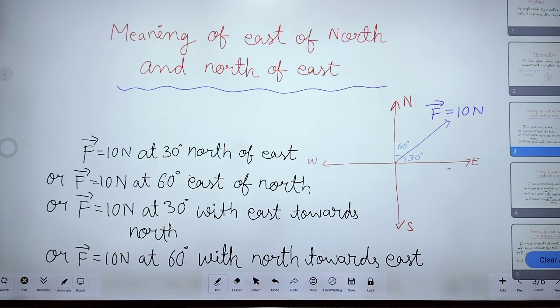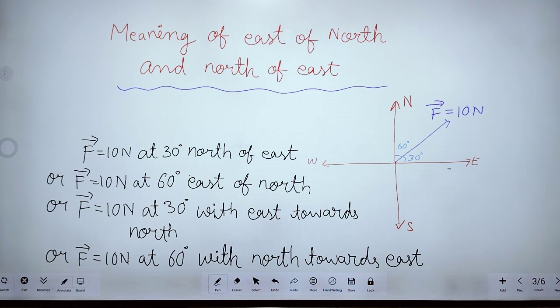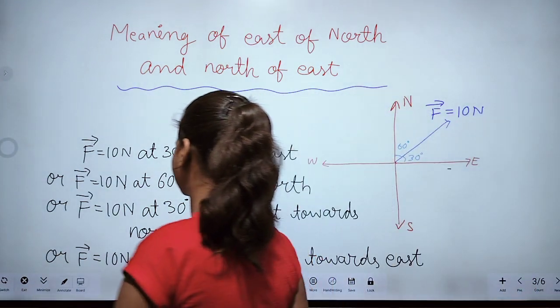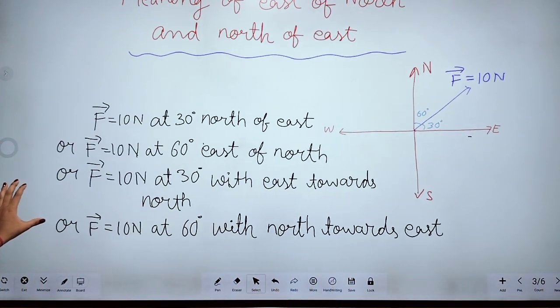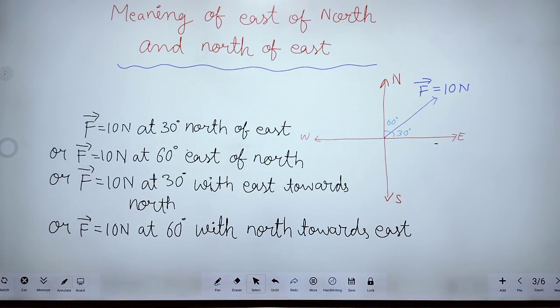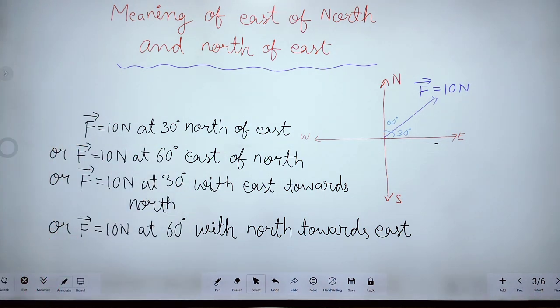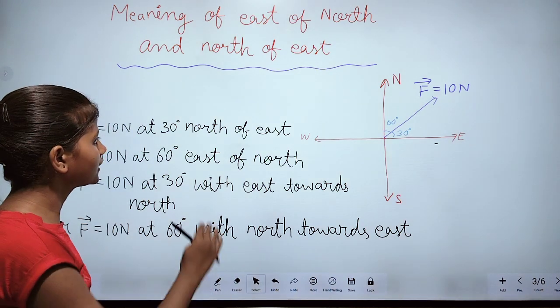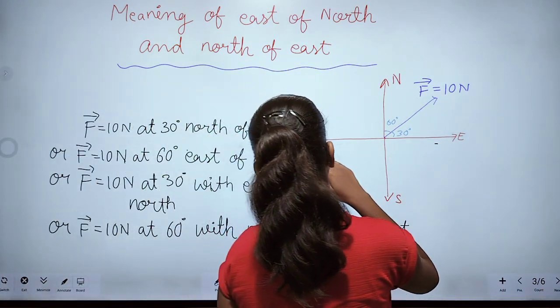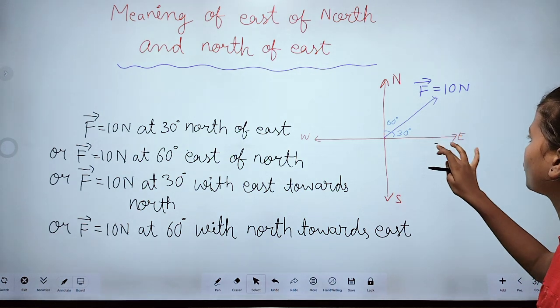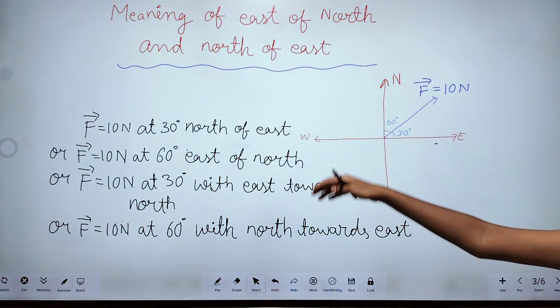After that we saw the meaning of east of north and north of east. If force is equal to 10 Newton at 30 degree north of east, 30 degree is formed with east, that's why it is written in the last.